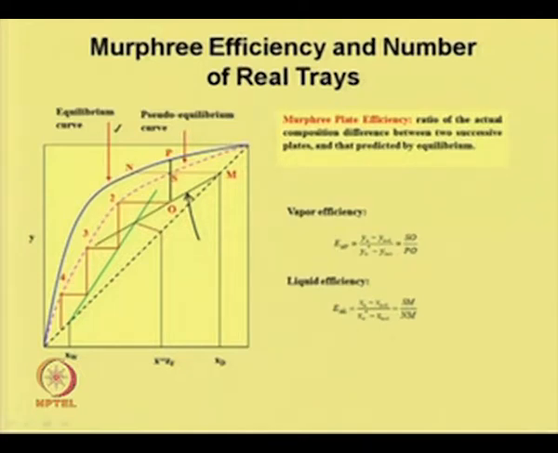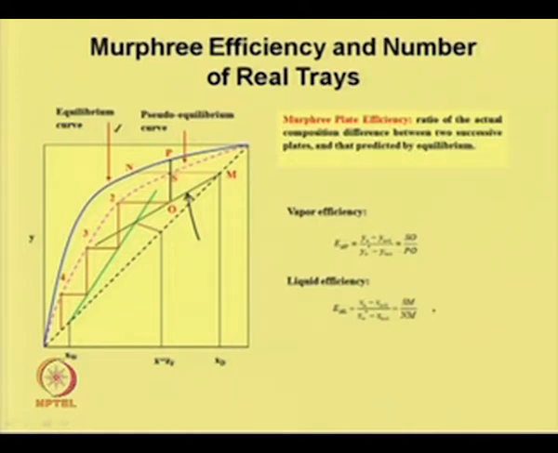Similarly, in terms of the liquid, we can write EML as Xn minus Xn plus 1 divided by Xn star minus Xn plus 1, which is the ratio between the corresponding segments.